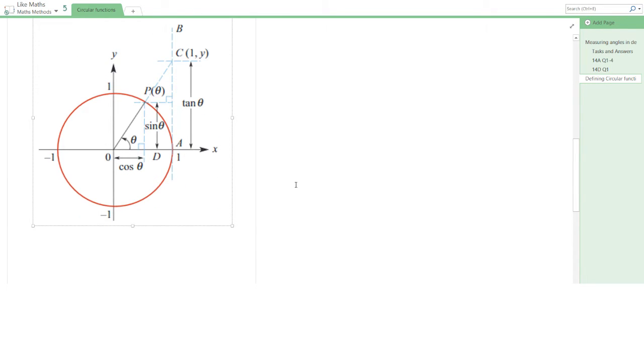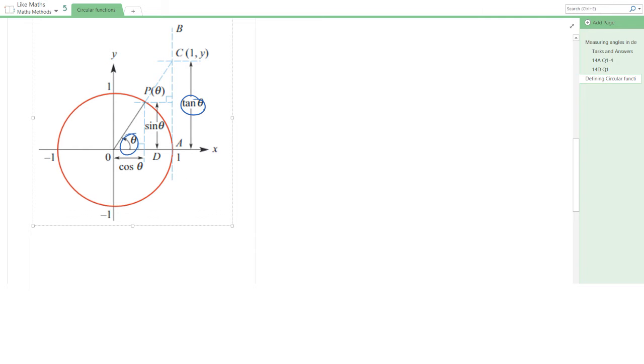As before, we've got the sine and cosine, but you could also have a tangent at this point. Tangent means it just touches the circle along this line. And again, good old mathematicians say this distance here we're just going to call tan of theta.